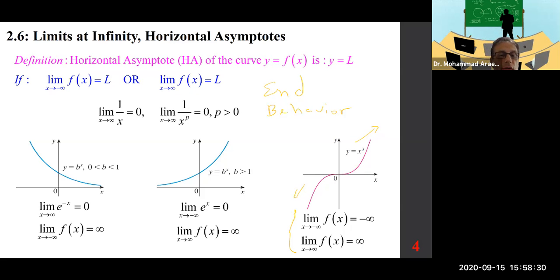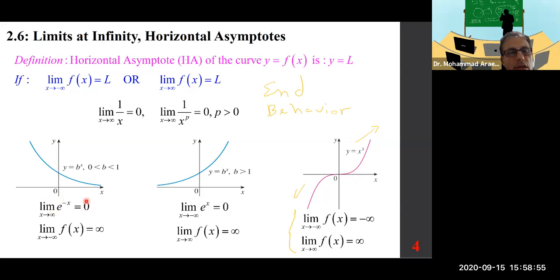Now, when we look at functions such as exponential functions, remember that if the base is larger than 1, it looks like this. It's an increasing function, and you have a horizontal asymptote. Look at this definition. This means there's a horizontal asymptote here. The same thing here.